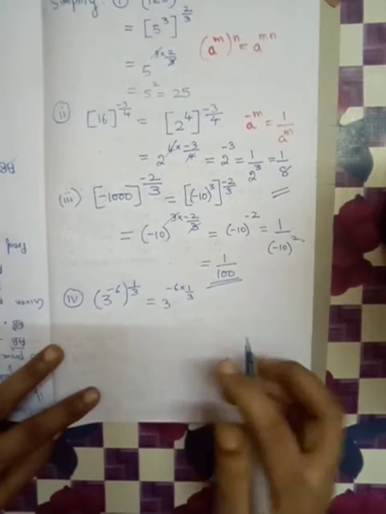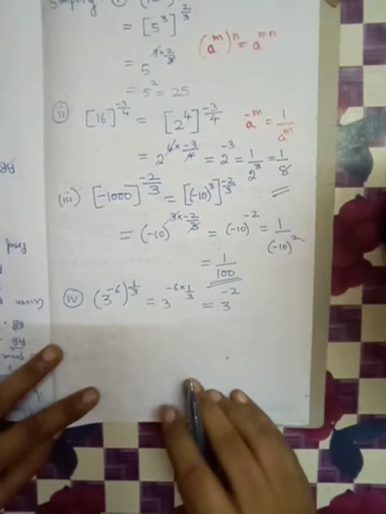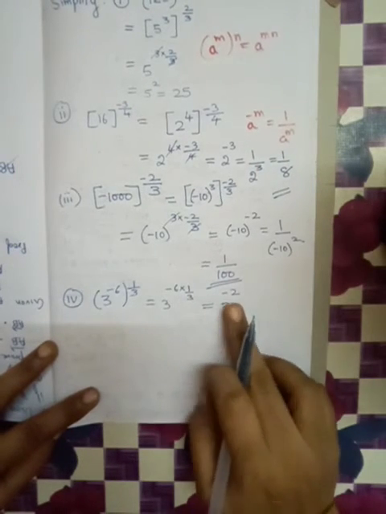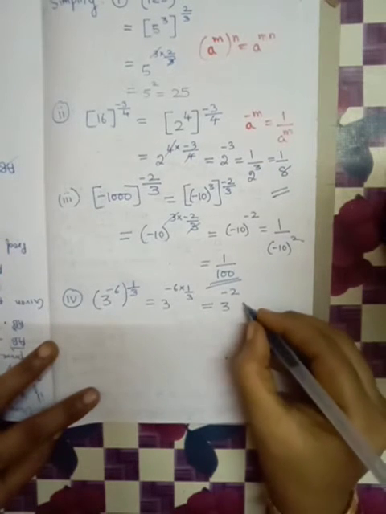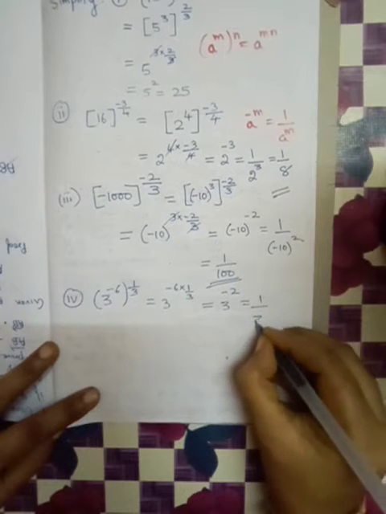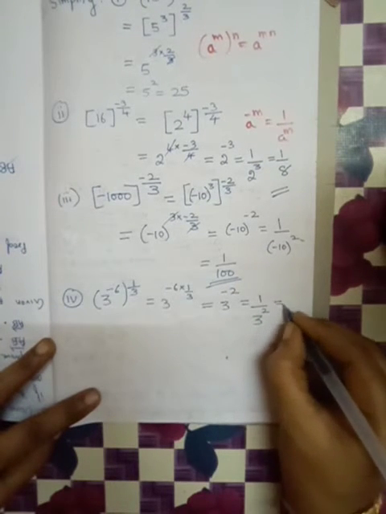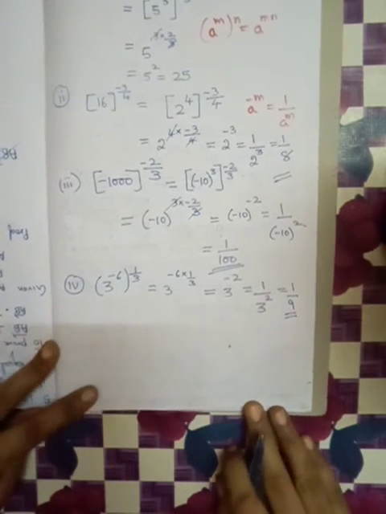This 3 and 6 I can cancel. So I will have 3 to the power minus 2. Use this rule whenever we have negative power. I want to remove the negative sign in the power, means I can write it as 1 by 3 square. 1 by 3 square is 1 by 9. So this is the answer for fourth subdivision.